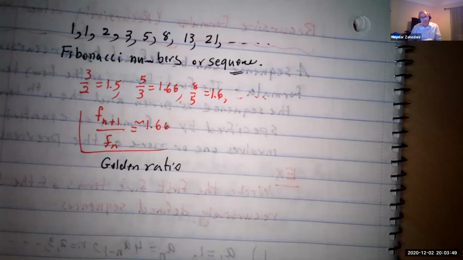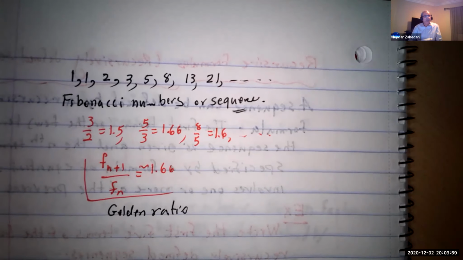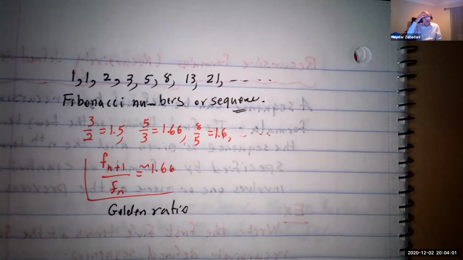The other thing that we are going to do a little bit later: if this type of sequence is given to you, as you can see, you don't have the general term. But sometimes if these are nice, you may be able to guess the general term of the sequence.